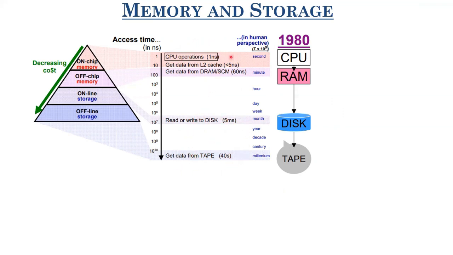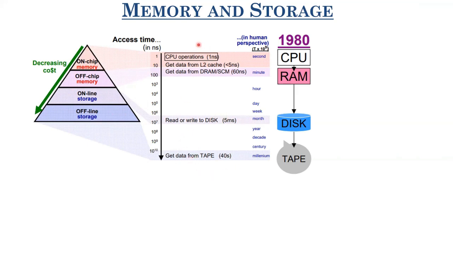They called on-chip and off-chip as memory, and online and offline as storage. So they decoupled the two based on their speed and capacity.